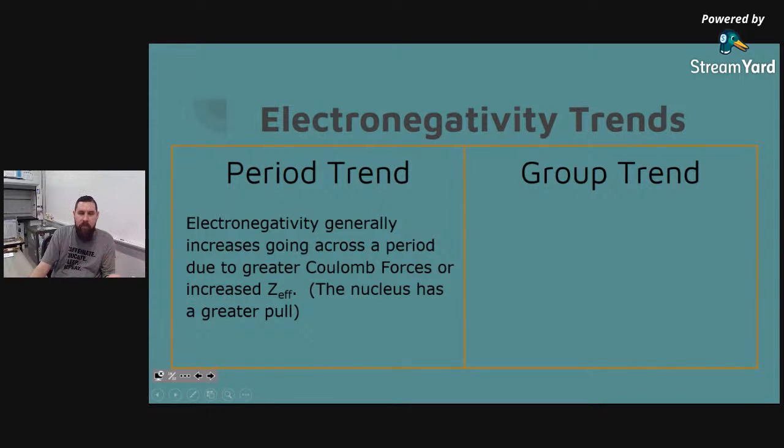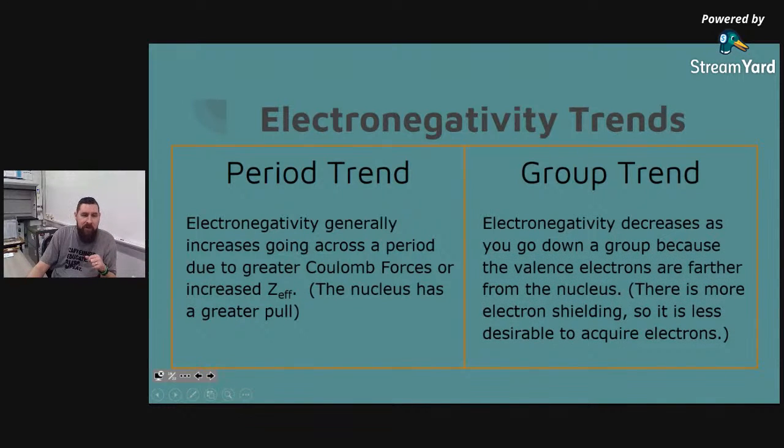As far as the group trend, you can probably already guess it. Because radius is increasing, electronegativity is going to decrease. Because again, as that radius increases, Coulombic forces decrease, my Zeff decreases, electron shielding increases, and the nucleus has less of a pull on the electrons that are already there.